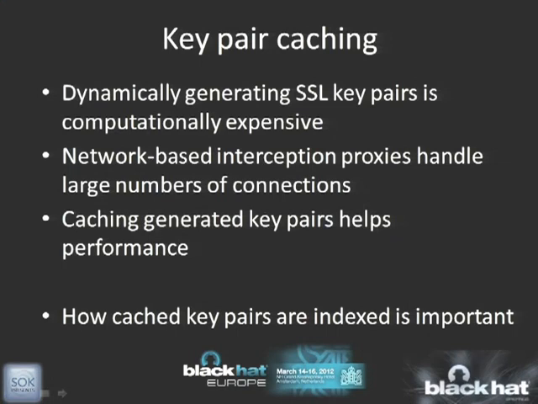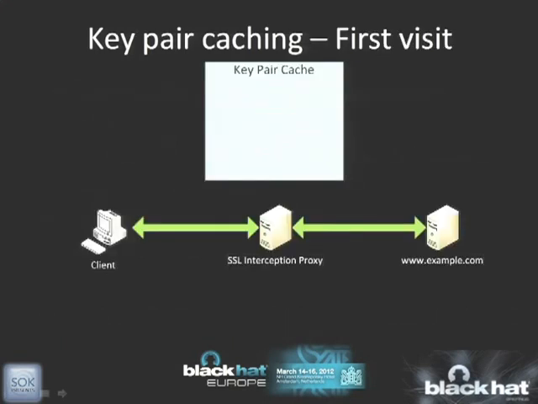If every one of those connections results in a new certificate being generated, there's quite a bit of overhead, especially for commonly accessed services, let's say Google or Gmail, that hundreds or thousands of users may hit in a given day. So key pairs are generally cached on the proxy to help performance. But how those cached key pairs are indexed is extremely important, and I've got some diagrams here to help us visualize that.